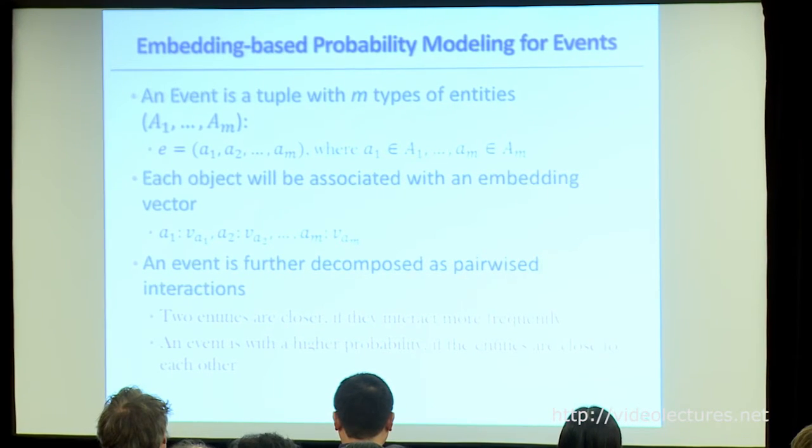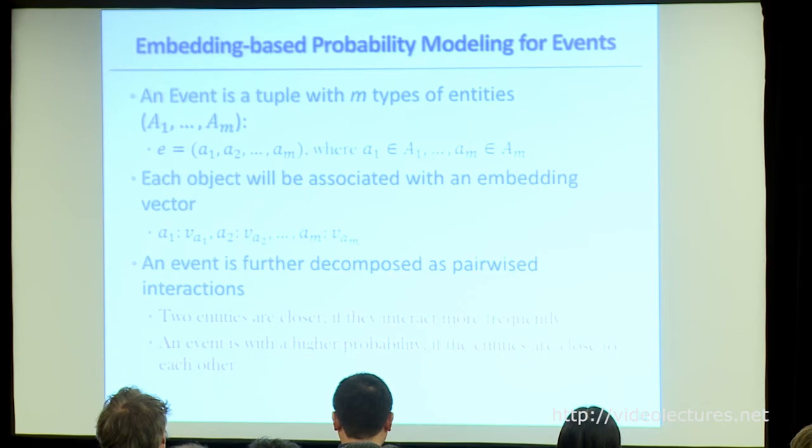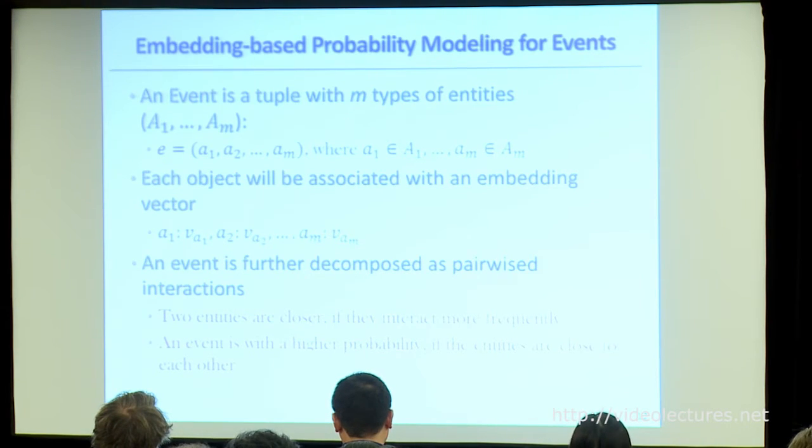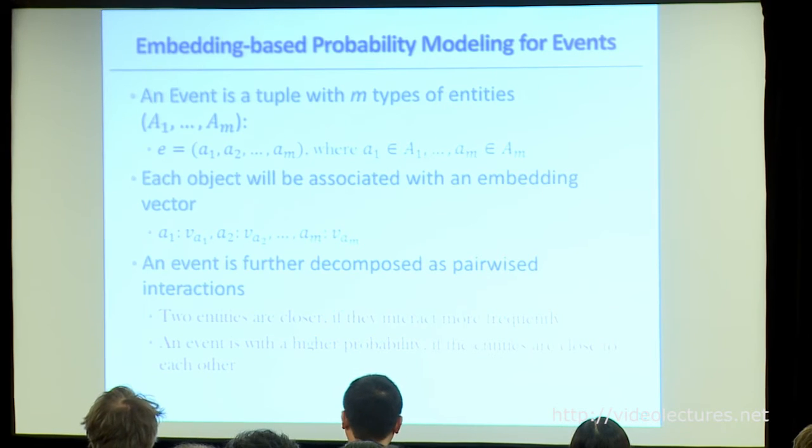And what we want to do, again, remember that we try to use this node representation technique to do the anomaly detection. So now we try to embed every entity that we have observed in this event data into some low dimensional vector, okay? And according to the current observed data, we try to learn those vectors. And once we have learned those vectors, we can use them to define the probability for any event.